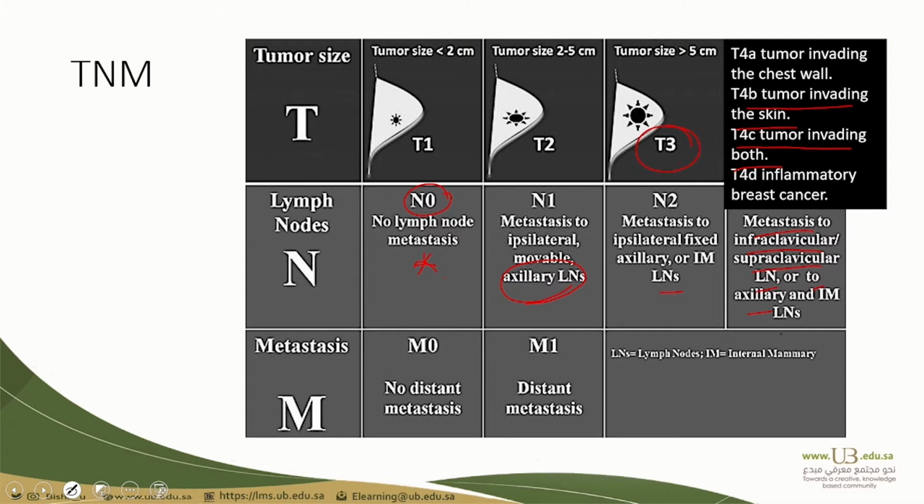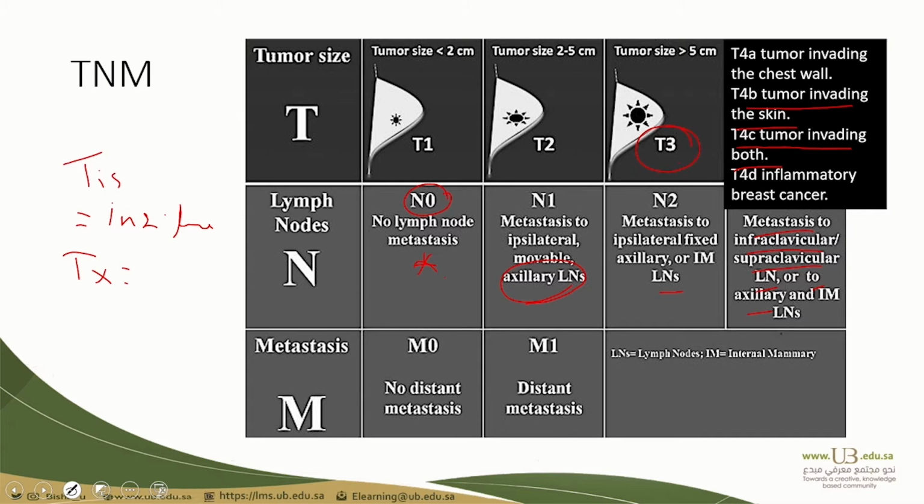You will find something which we missed here, which is TIS, carcinoma in situ, and TX. TX means the tumor cannot be assessed. What is an example of this? Once a patient presented to me in the clinic after she had undergone an incisional biopsy, which took part of this tumor.